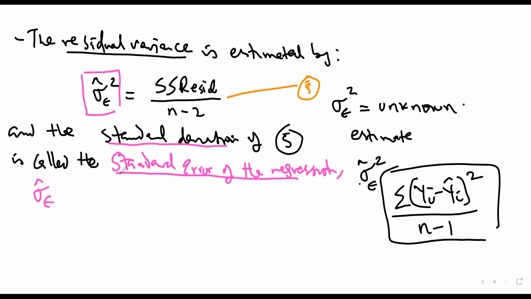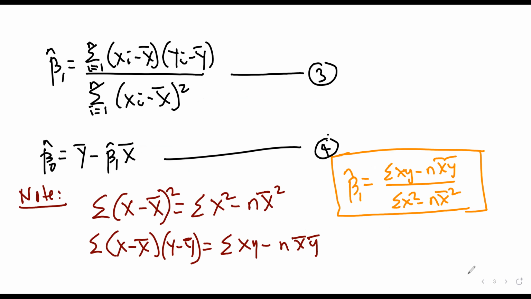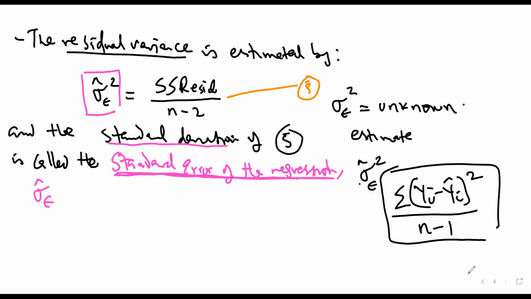These are very important summary values in regression analysis, especially when you go to hypothesis testing. If you want to check the significance of the model, then we'll be using the standard error at some point.